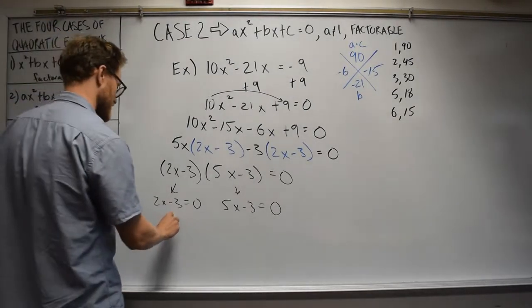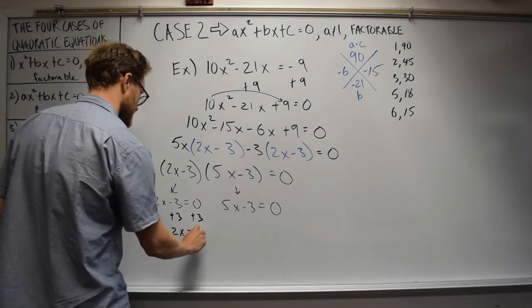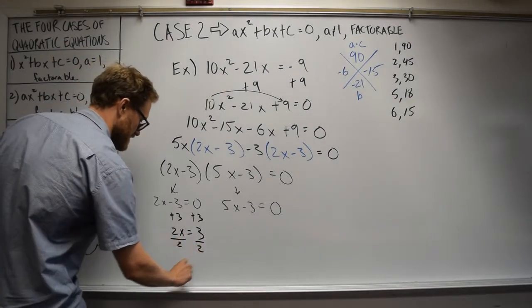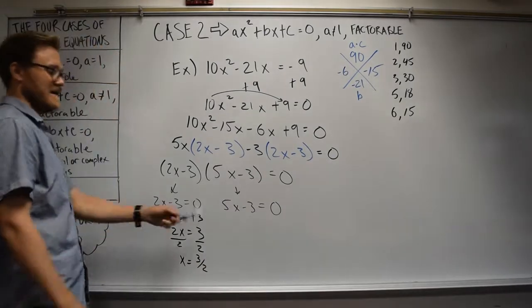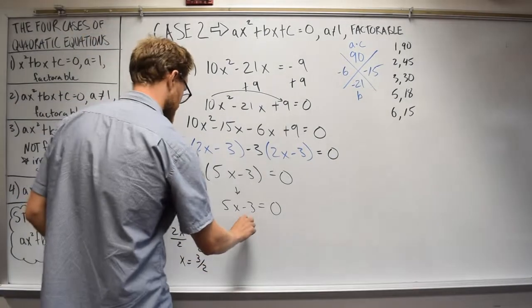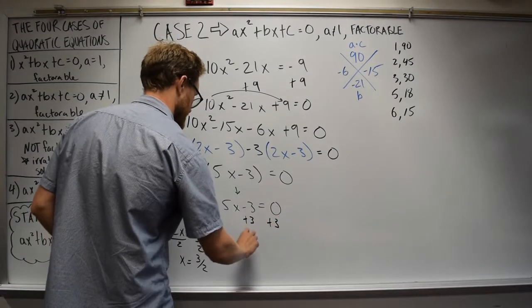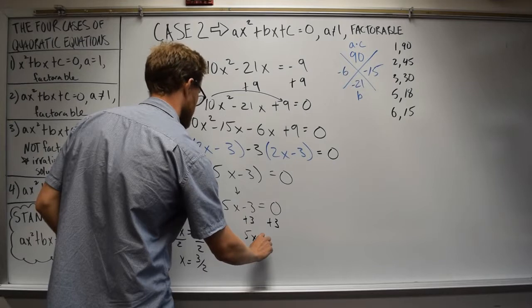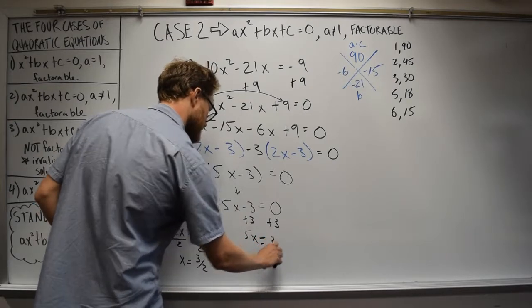So I'm going to add 3 to this one. I get 2x equals 3. And then I'm going to divide by 2. I get x equals 3/2. Do the same thing on this one. I'm going to add 3 to both sides. I get 5x equals 3.